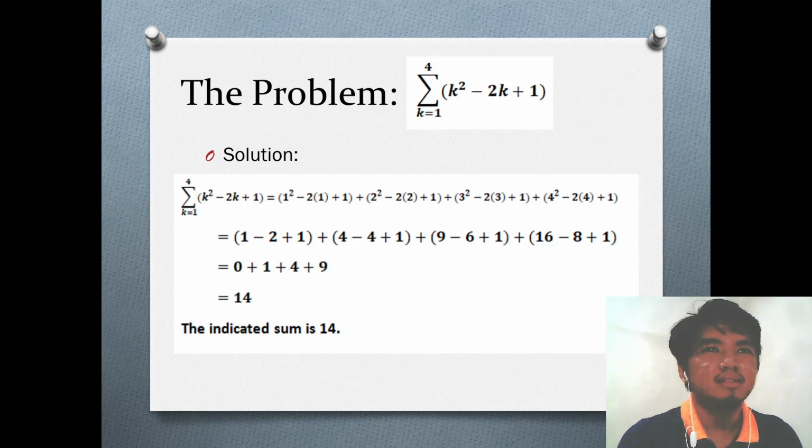So 9 minus 6 is 3, plus 1 is 4. 16 minus 8 is 8, plus 1 is 9. So we're gonna add all the numbers, so it will come up to 14. So the indicated sum for this problem is 14.